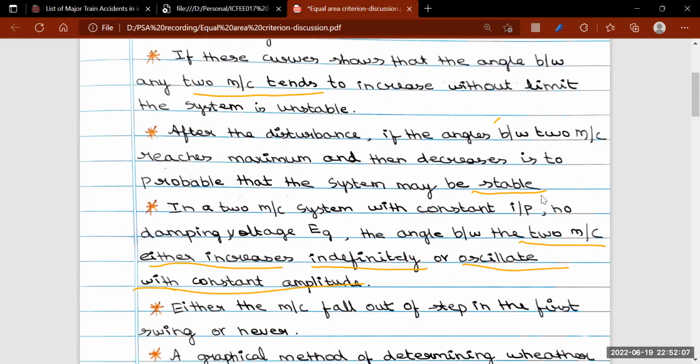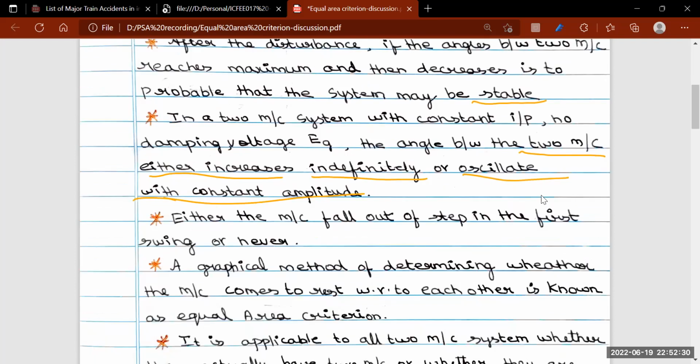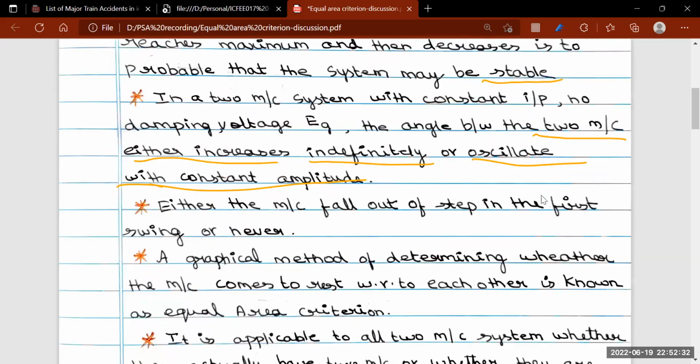These are the two conditions generally observed when we connect two machines in parallel and there is a fault in the machines. There is a possibility of the swinging angle increasing continuously, or after a disturbance there is some vibration and the machine returns to equilibrium conditions. In either case, either the machine falls out of synchronism in the first swing or never.